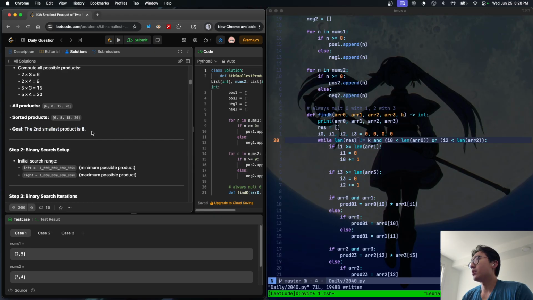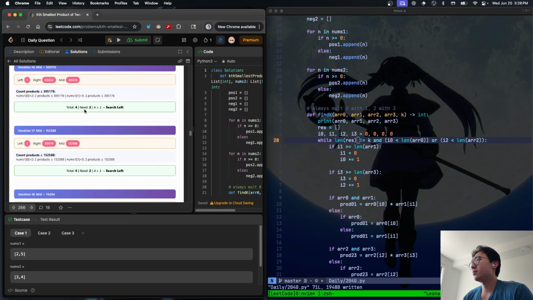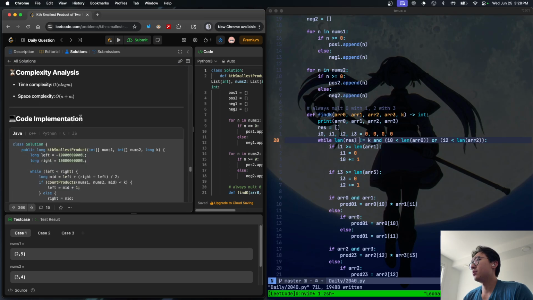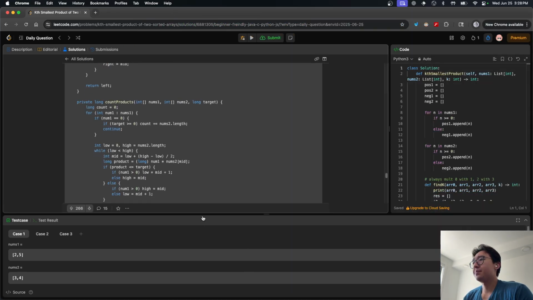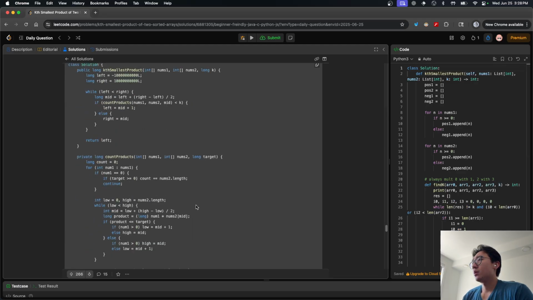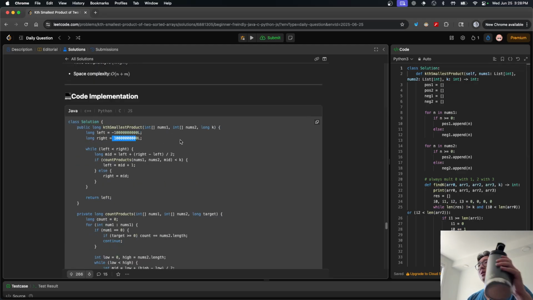The second smallest product is 8. Actually, I want to look at the code. This is not really clear to me. Well, let's see. Okay, so first of all, left, right, while left is less than right, we're going to do, okay, so the mid is the current candidate to be the answer.